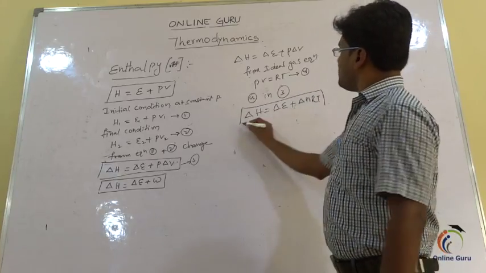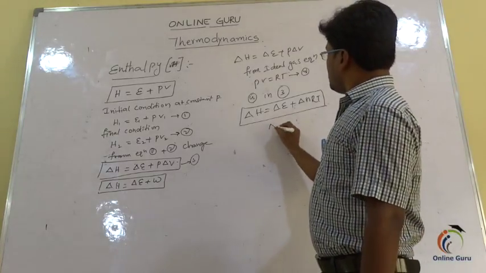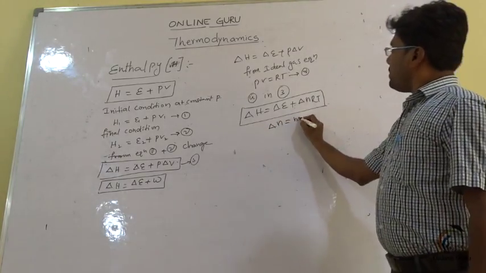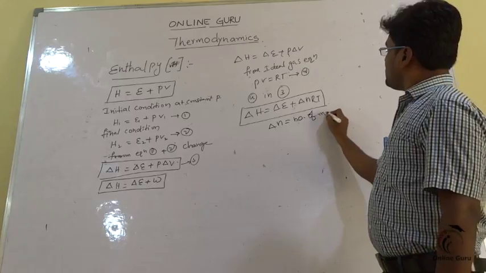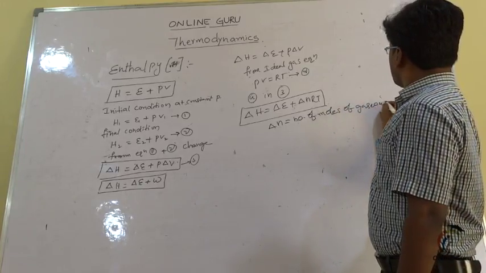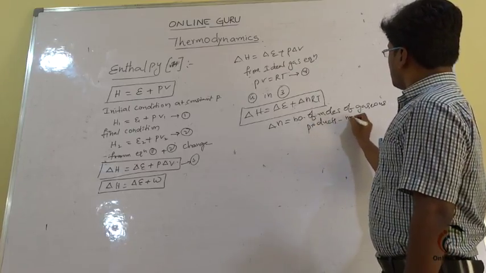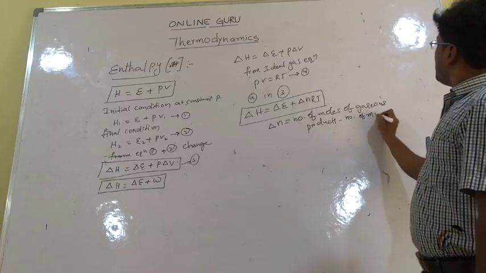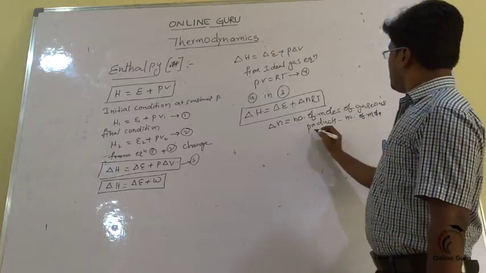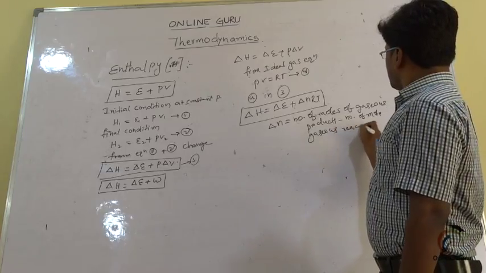This is the relation between delta H and delta E. Here delta n is equal to the number of moles of gaseous products minus the number of moles of gaseous reactants.